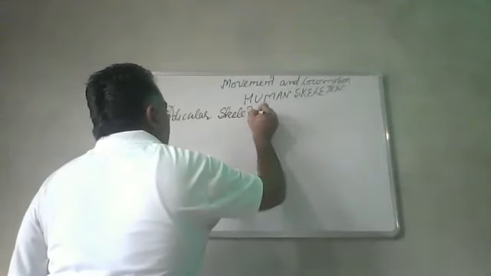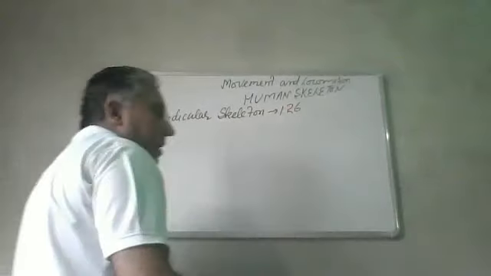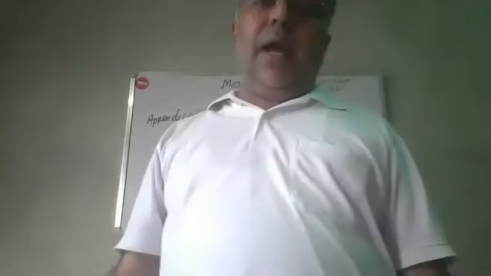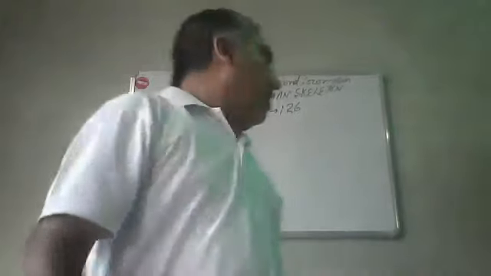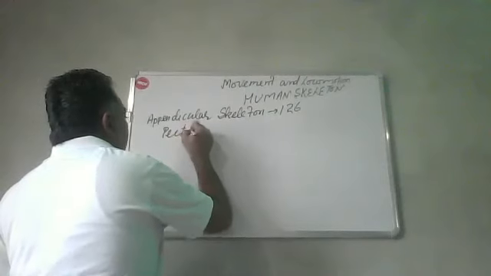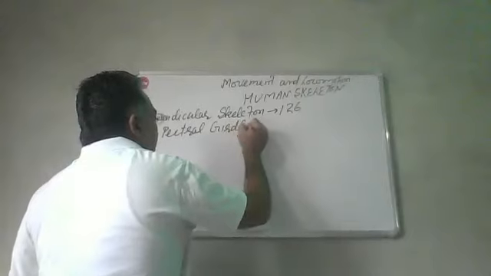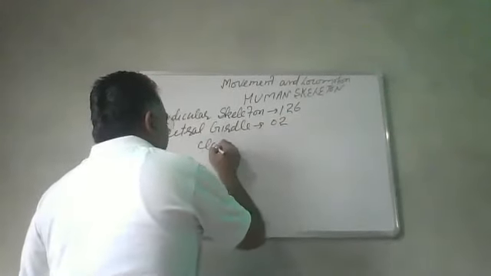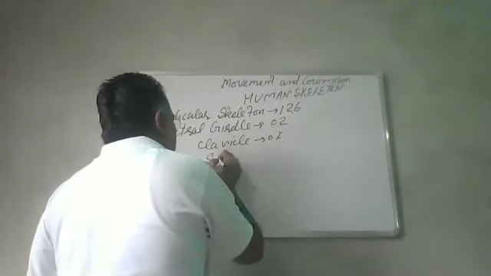First of all, you have to study the arms and pectoral girdle, and after that legs and pelvic girdle. In the pectoral girdle, there are 2 bones. One is clavicle and second is scapula.